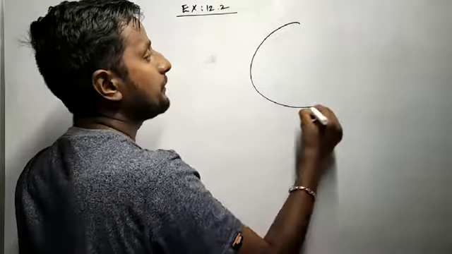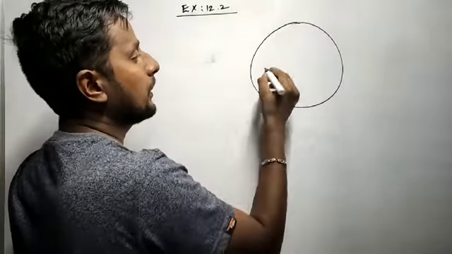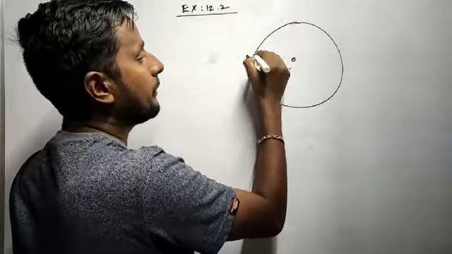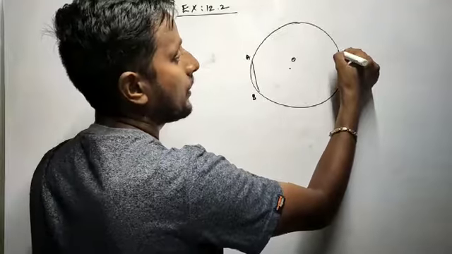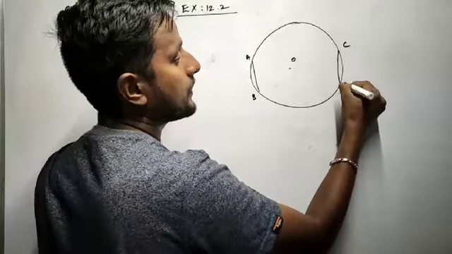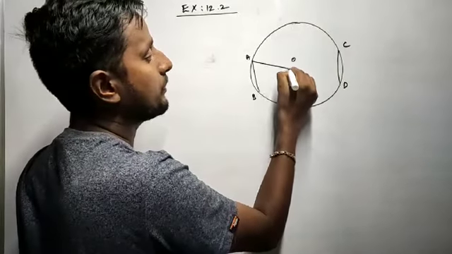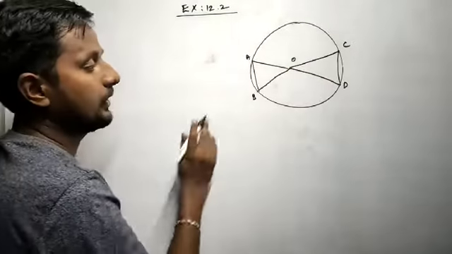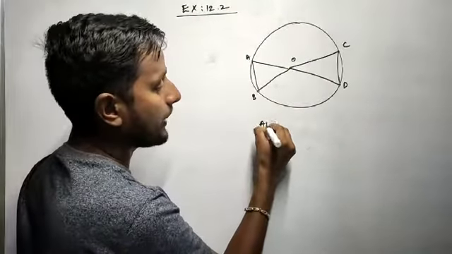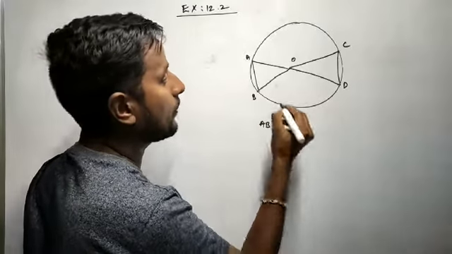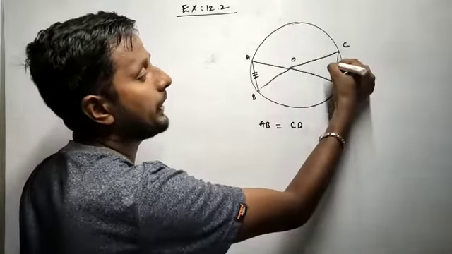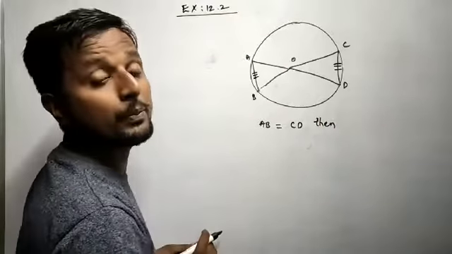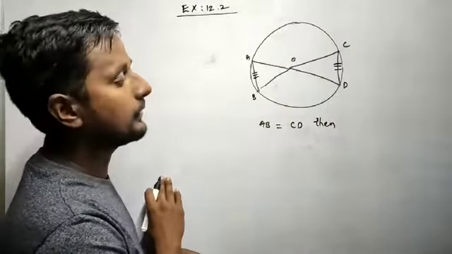First thing is, in a circle with center O, if two chords AB and CD are equal, and we join them to the center, then the angle obtained at the center by each chord is also equal.